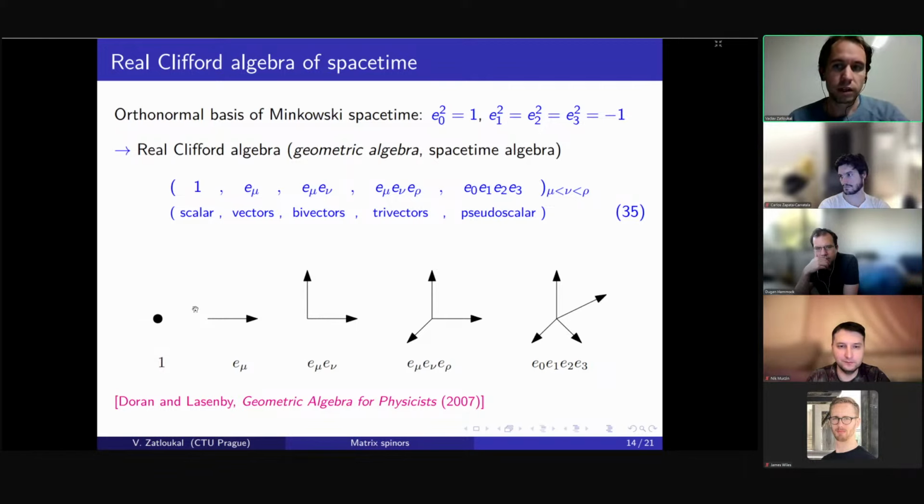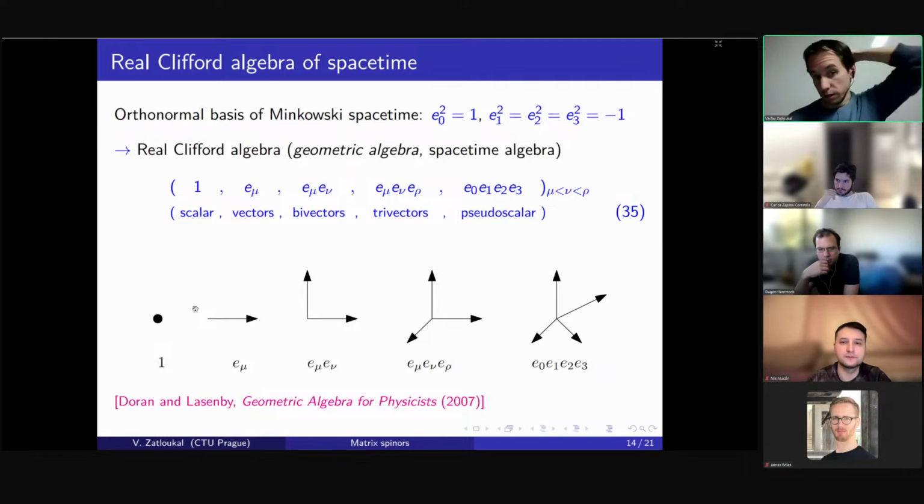They algebraically represent scalars as some quantities, vectors as arrows, and bivectors as two vectors spanning some 2-dimensional plane. Trivectors describe a 3-dimensional hyperplane, and the pseudoscalar is basically the volume element of the whole space-time.